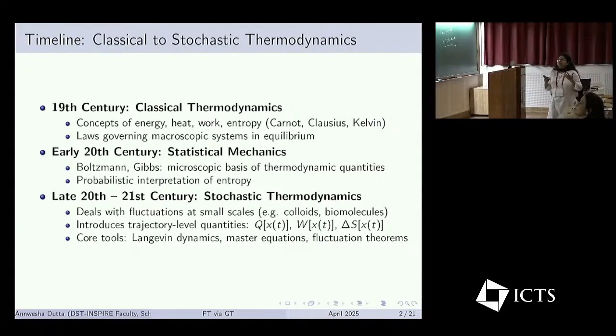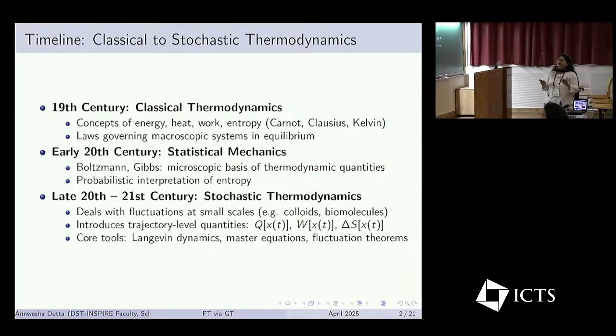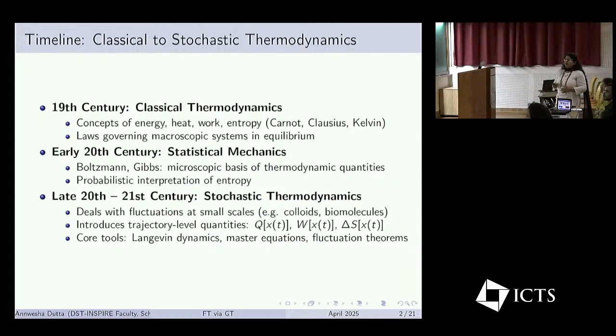Thermodynamics has evolved quite a lot through the centuries. It started with classical thermodynamics, where we had the phenomenological laws governing macroscopic systems in equilibrium. Then in the early 20th century, we have statistical mechanics, which gave us the microscopic basis for thermodynamic quantities and a probabilistic interpretation of entropy.